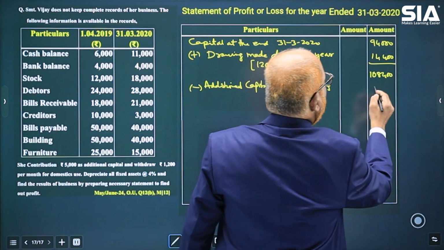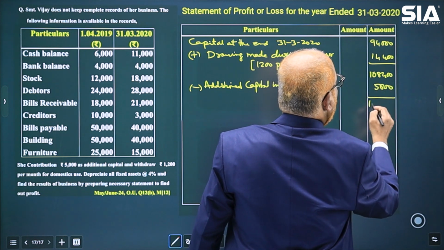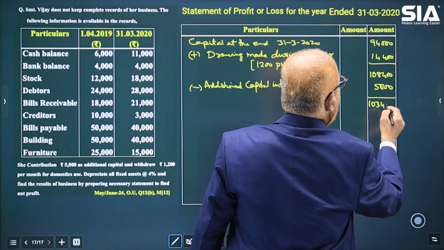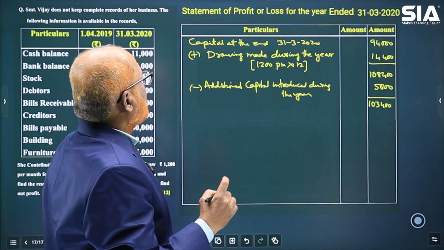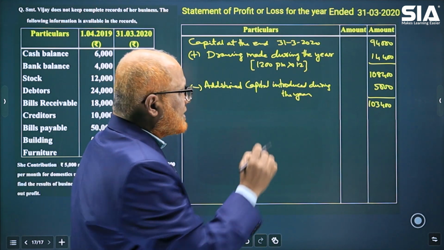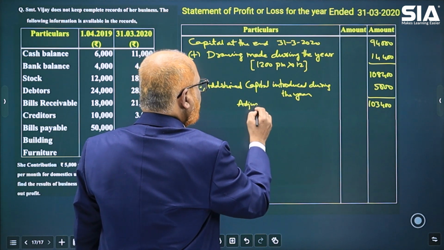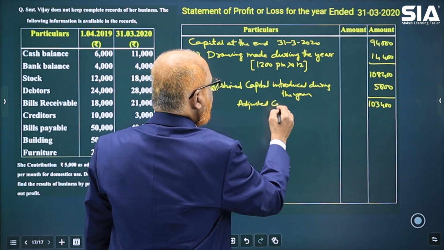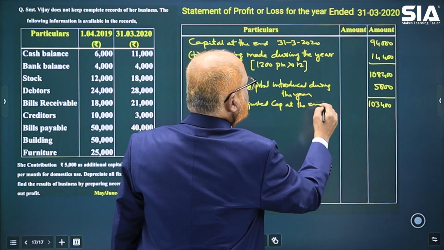So 5,000 we deduct. So it will become 103,400. Right? Now, this is the adjusted capital at the end of the year. This is called adjusted capital at the end.